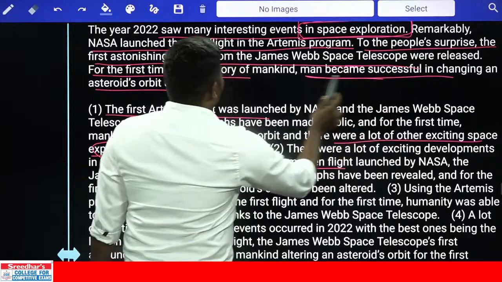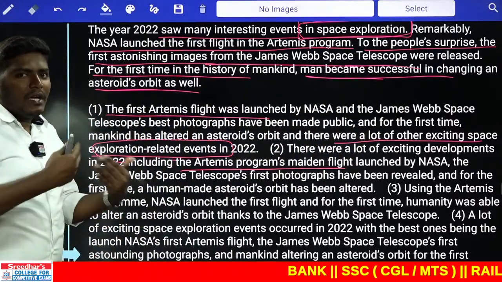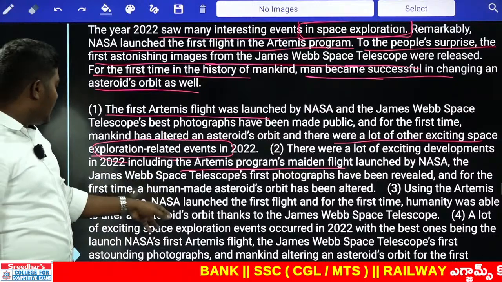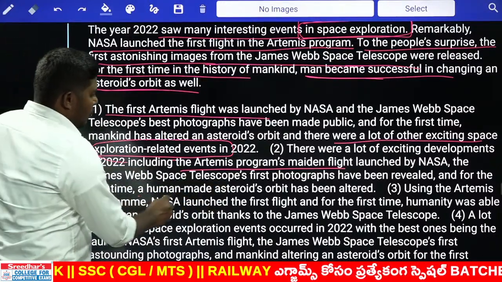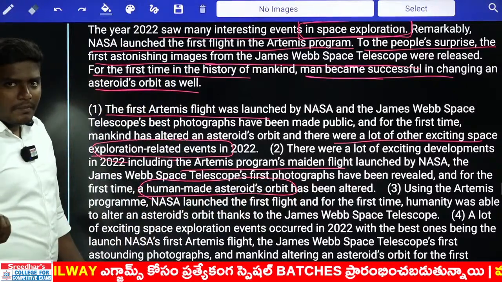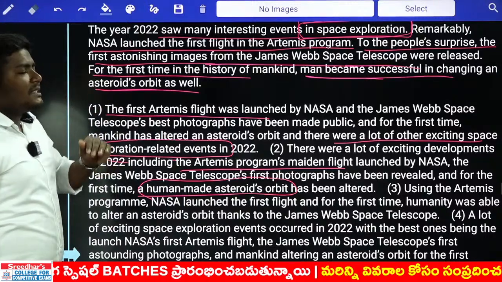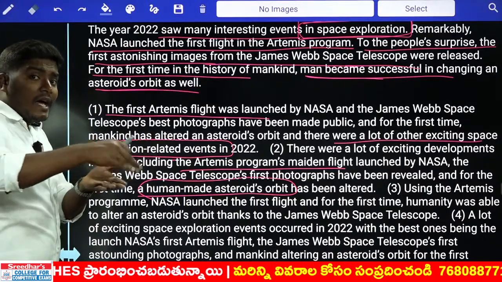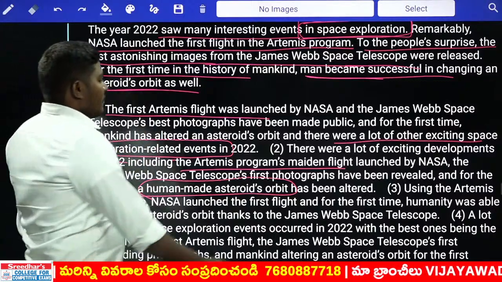Man became successful in changing an asteroid's orbit, but an asteroid is not made by human beings. That is general knowledge, right? So man has become successful in changing the asteroid's orbit, but not an orbit which is made by man. So the second one is directly out.